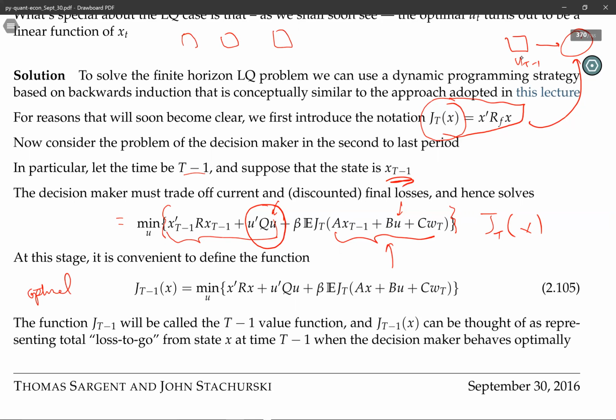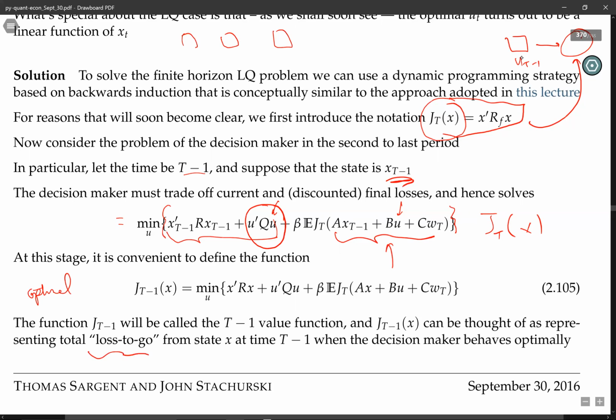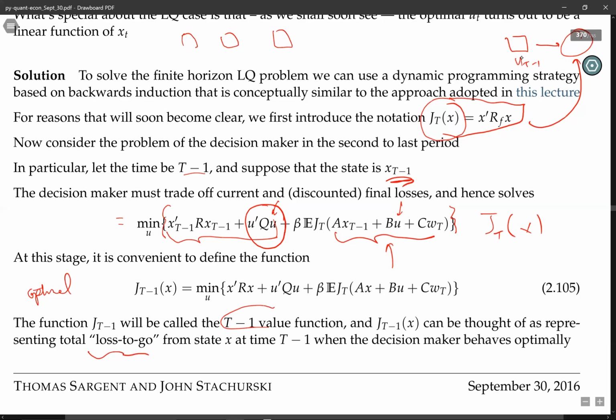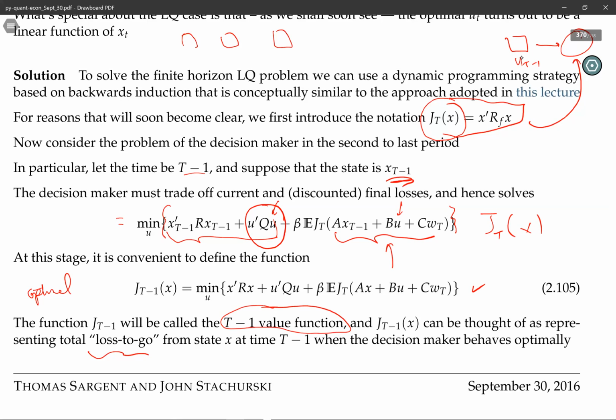When it's a loss function, it's called the loss to go. You'll find that in the literature, or it's a value function. So it's the period t minus 1 value function. It satisfies an equation that for the linear quadratic case is going to be really easy to analyze.